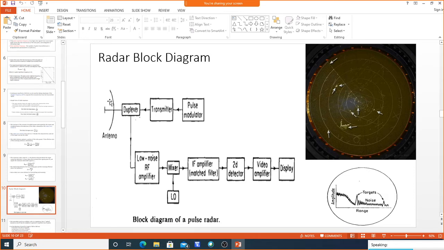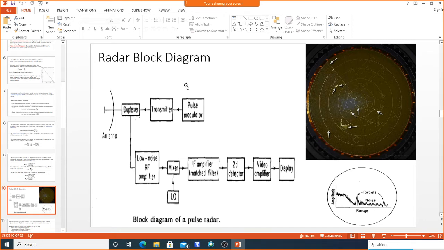We know the antenna is a parabolic kind of reflector with high gain and a sharp beam, so it transmits to maximum distance. The transmitter has peak power on the order of megawatts, and average power on the order of kilowatts.